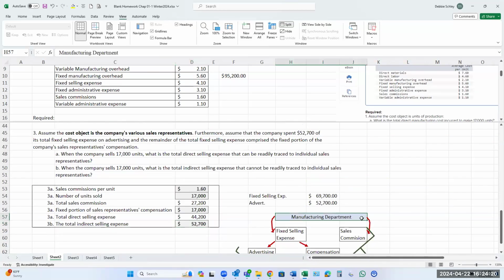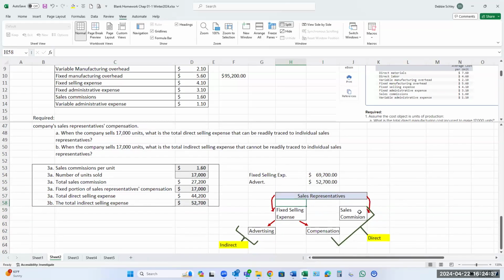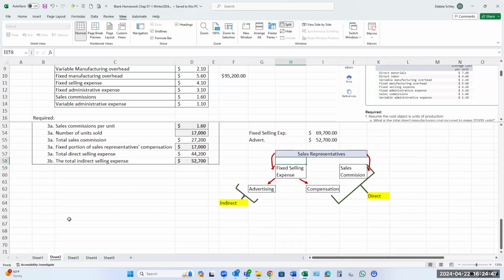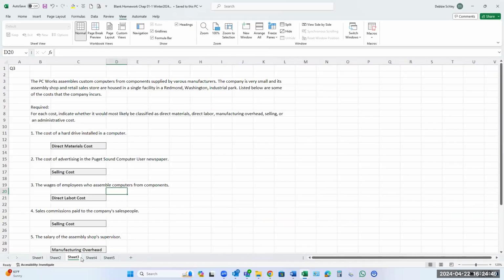This should be sales. When the cost object is our sales representatives, then the sales commission and the compensation are direct, and the advertising is indirect. Okay, that is everything on question 2.